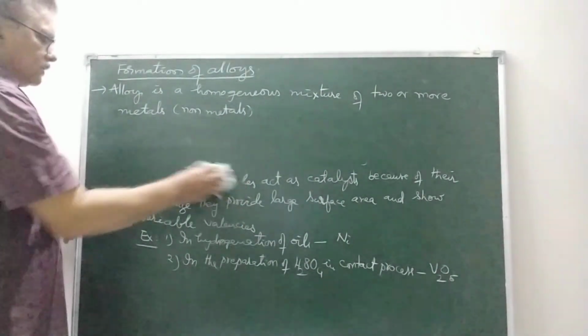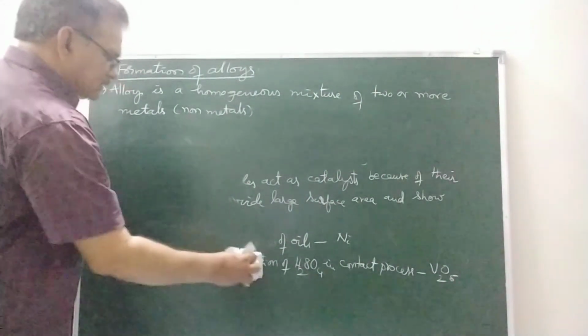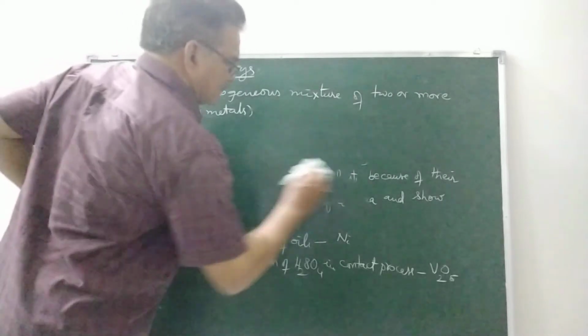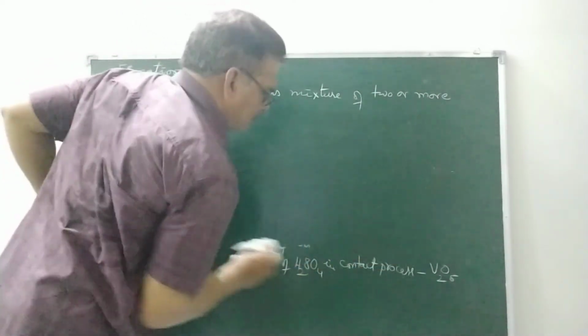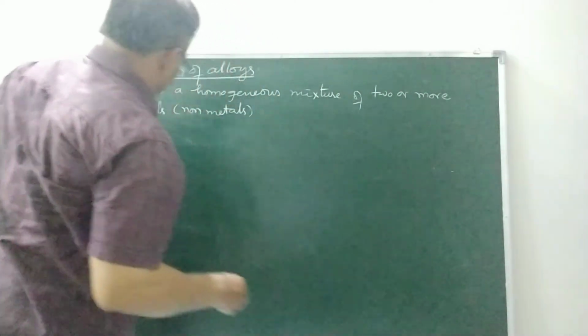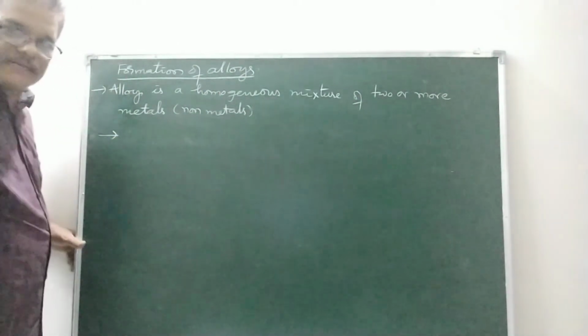Okay, right. So why do d block elements form alloys? For every property we are discussing the reason.